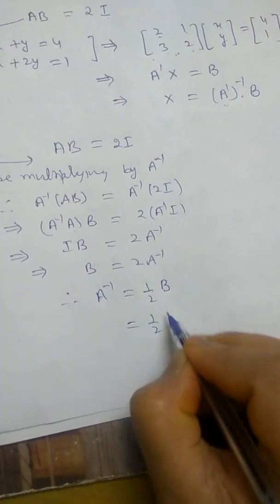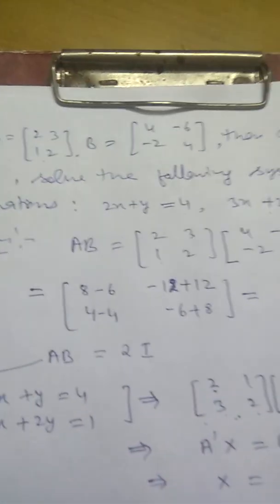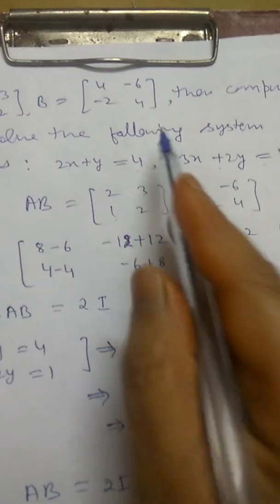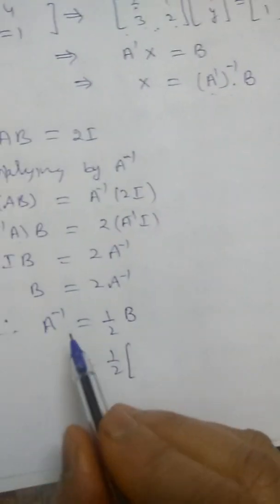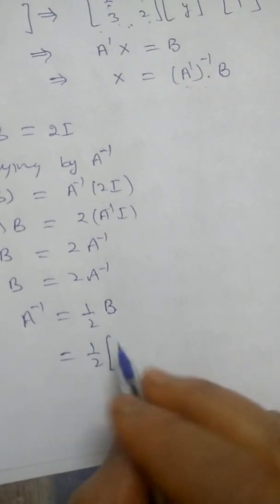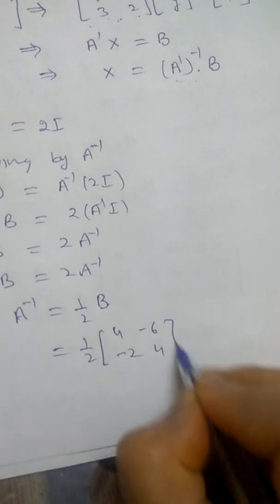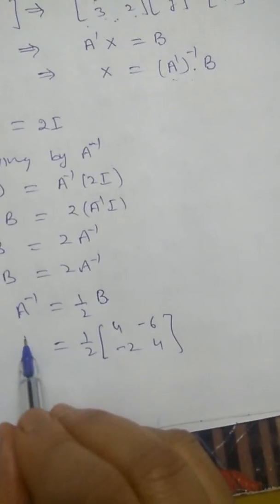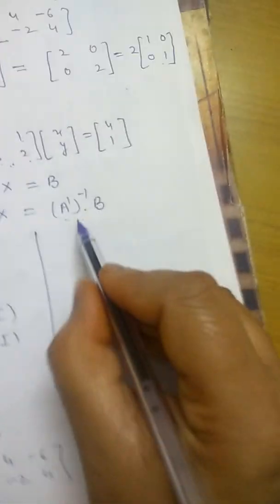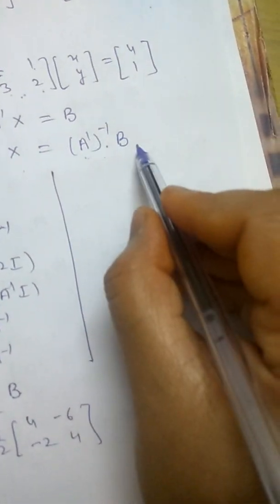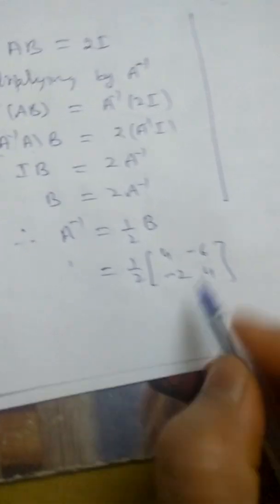And now the B matrix that is given is [4, -6; -2, 4]. Now we have to write here A inverse is equal to 1/2 B, that means 1/2 [4, -6; -2, 4]. This is A inverse. And now here X is equal to A' inverse into the constant matrix.